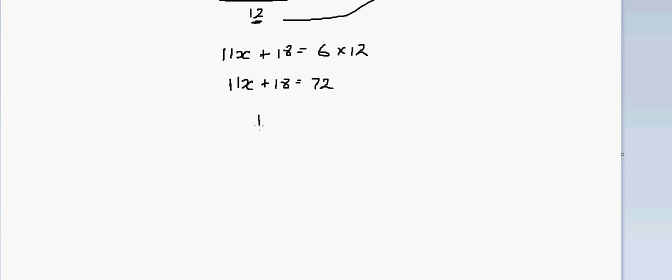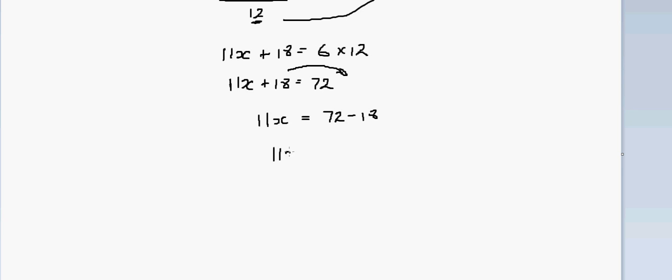Now we want to find out what x equals. So we have 11x on its own. Now this number is now going to come over, and of course the sign changes, so we get 72 minus the 18. Okay, so we're back to basics now.